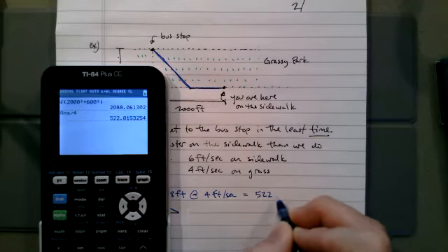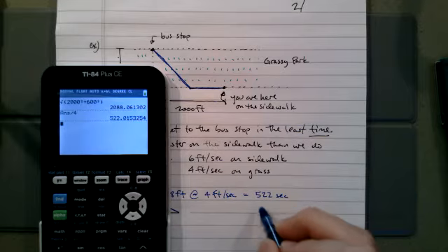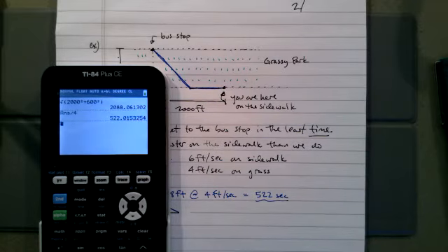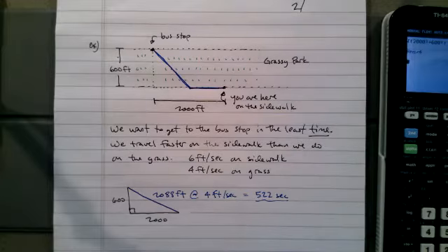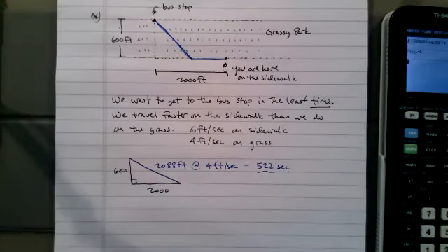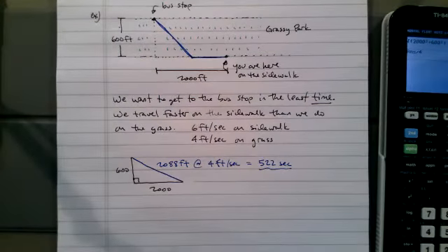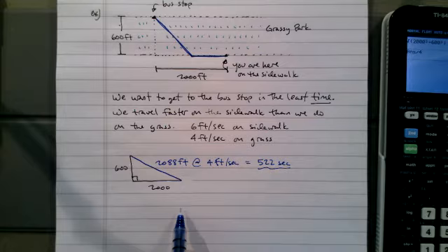That'll take 522 seconds. So we know we can get to the bus stop in 522 seconds. It might be different if we travel all along the 2,000 feet, because we're faster there, and then do 600 feet at 4 feet per second.